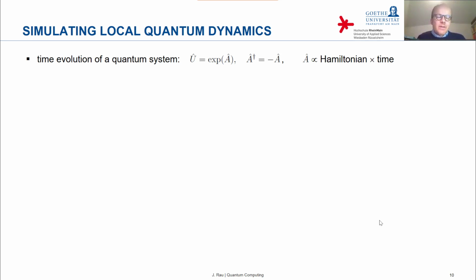And in the particular case of time evolution, this anti-Hermitian operator is the imaginary unit times the Hamiltonian times the time parameter. And Planck's constant, of course, is involved as well. But for the remainder of the discussion, for simplicity, I would like to use that notation just with an A in the exponent. So that's an anti-Hermitian operator.